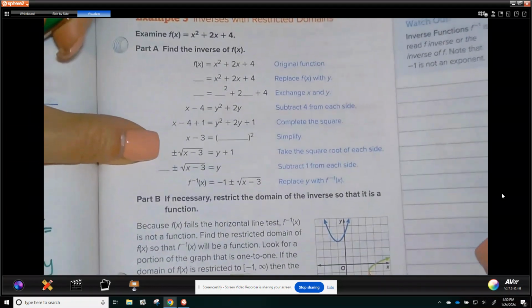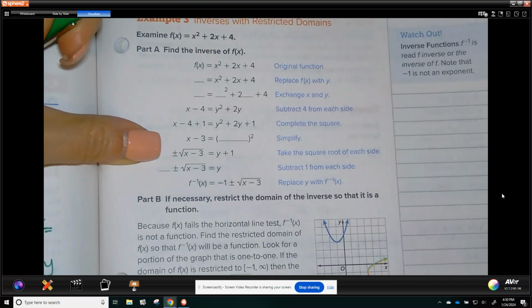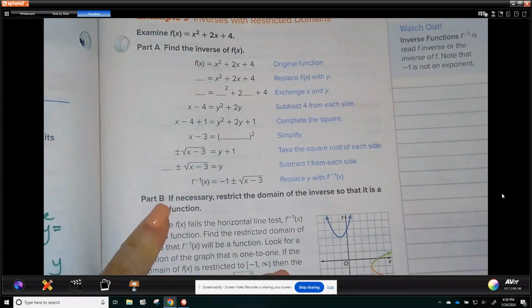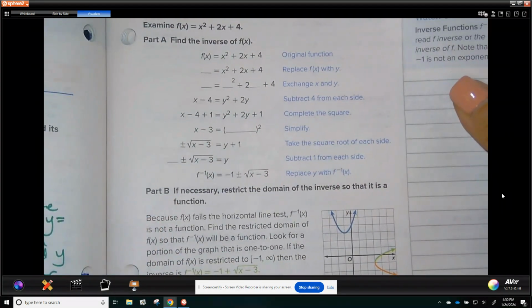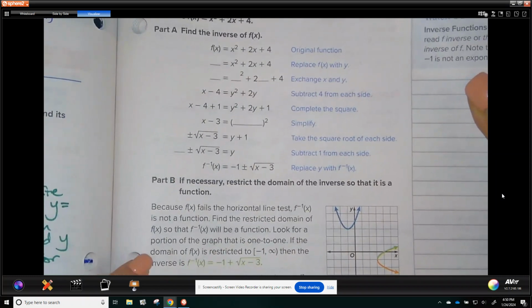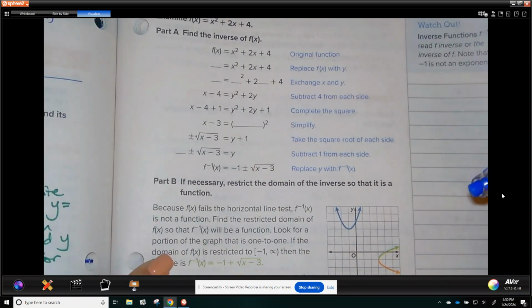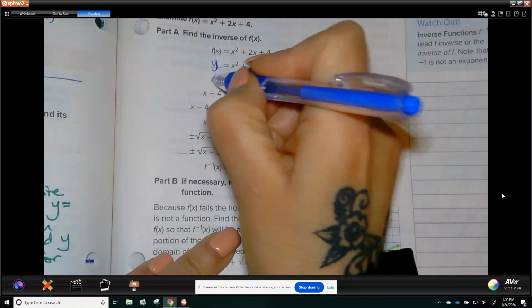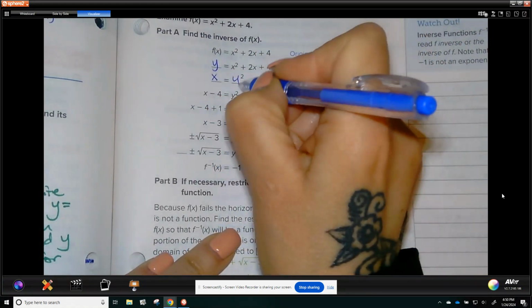Here we have some with restricted domains, x squared. Here's part B. See the graphs. Pretty interesting. So our first step, set y equals. Second step, switch x and y.